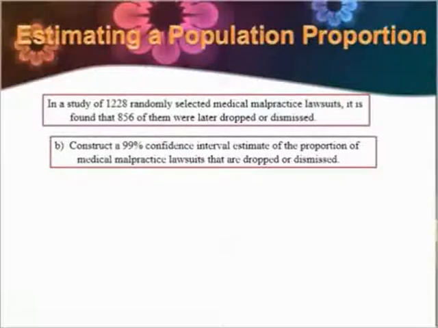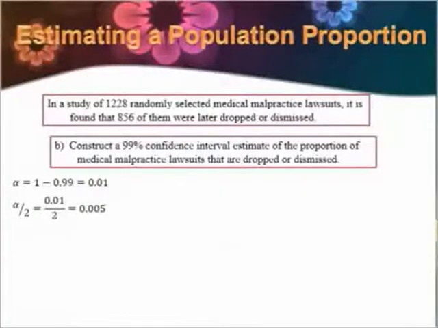Now let's construct a 99% confidence interval estimate of the proportion of medical malpractice lawsuits that are dropped or dismissed. First of all, for a 99% confidence interval, we need our alpha to be 1 minus 0.99, which is 0.01, and then distributing that into the two tails of a normal distribution, we have 0.005 in both tails.